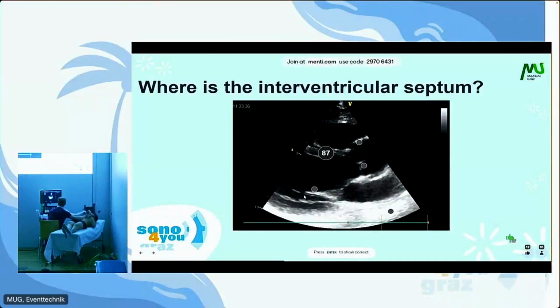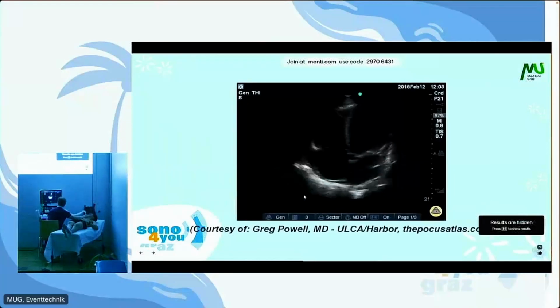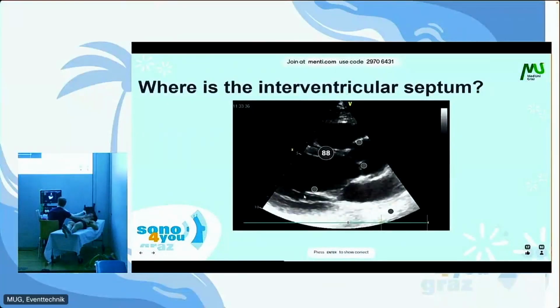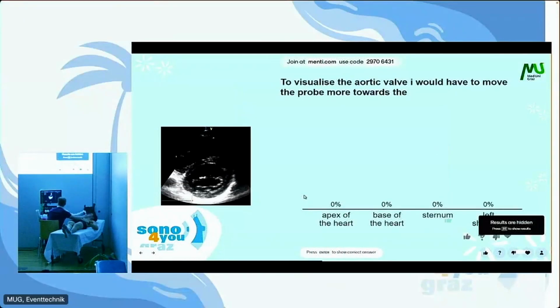Okay, a slide got lost there. Huh. Okay, I don't know why a slide got lost. Okay, we're moving on then. So from this loop, how do you need to move the probe in the parasternal long axis to visualize the aortic valve?